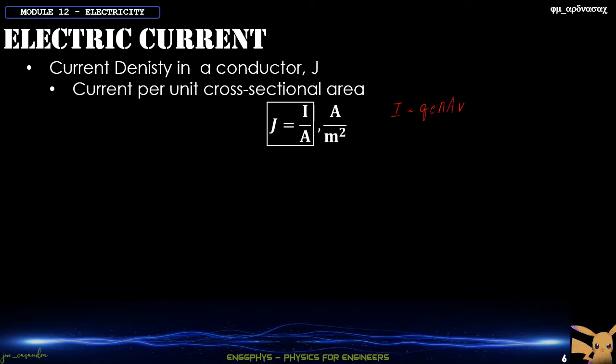If I'm going to substitute this in our current density equation, we'll cancel out our area. So thus, J, or your current density, could also be computed simply as N times Q times V, which is your vector current density. Okay?